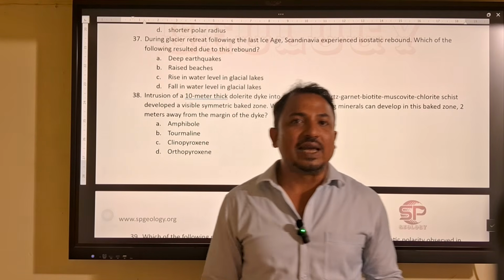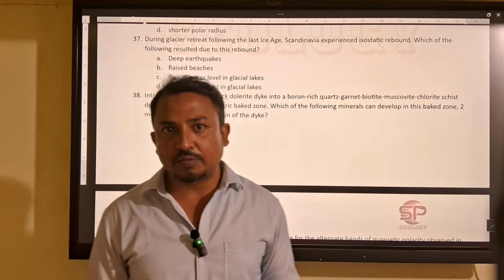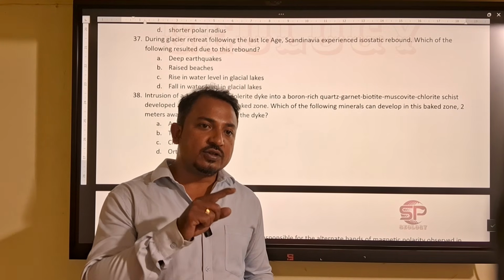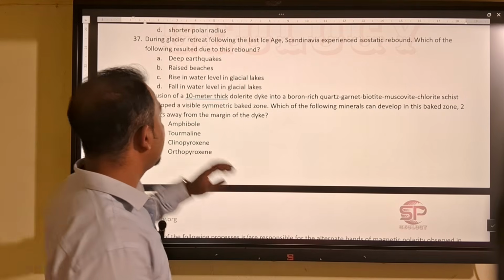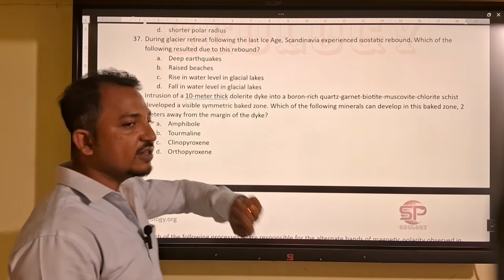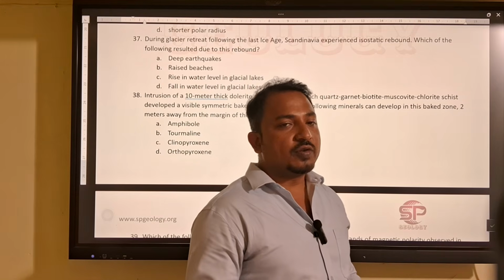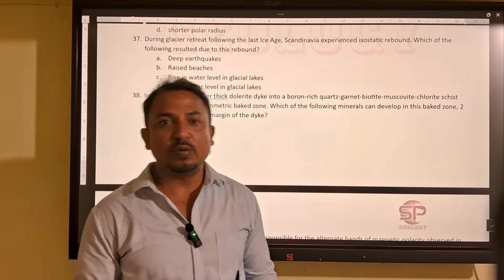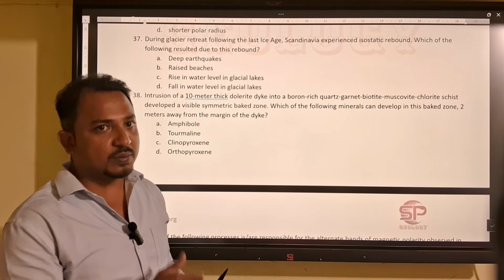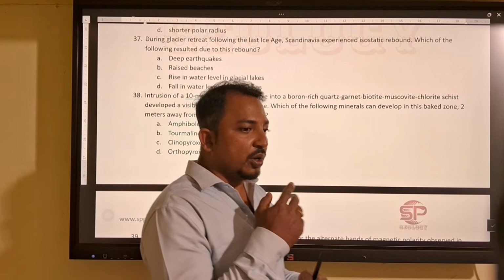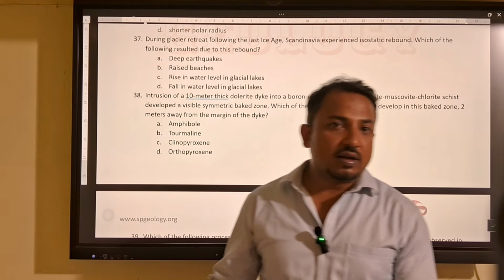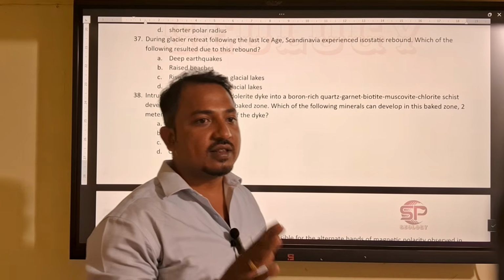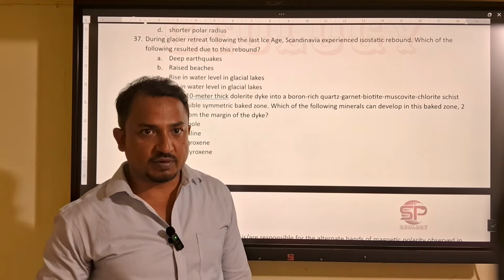Because of the load of the ice, the crust will be depressed. When the ice melts, here it says glacial retreat, retreat meaning melting of the glacier, the load will decrease. When the load decreases, the crust will start to uplift. So for glacial retreat following an ice age in Scandinavia, the crust will start to uplift.